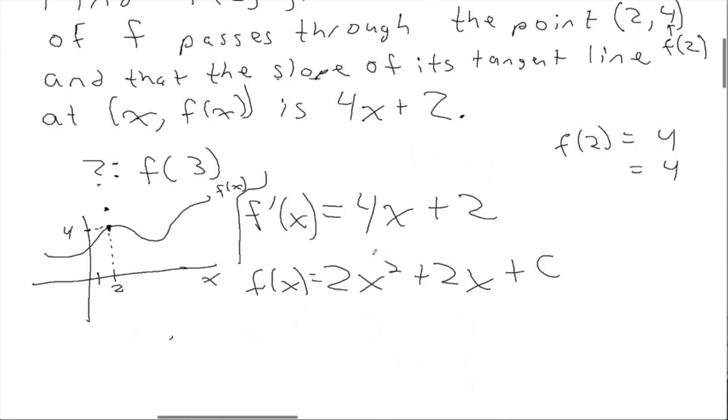Then what did you do next? What did you figure out from f prime? The function. Yeah, f. And you got this expression. Right. So what's f of 2? 8, 12 plus c. Right, so we can write that like this.